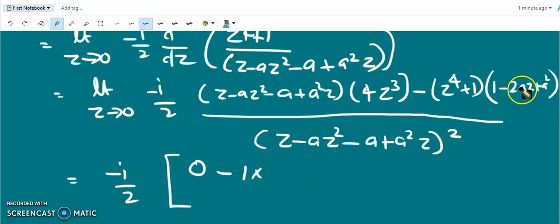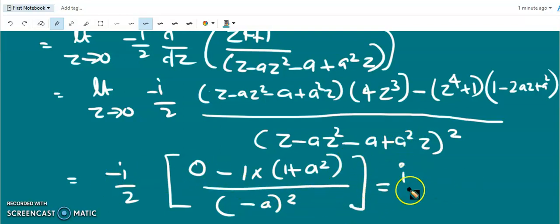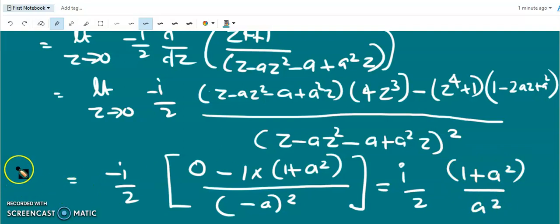So this term becomes 0, giving 1 plus a square, divided by, since z will be 0, these terms will be 0, minus a whole square. So that is equal to, minus becoming plus, i by 2 into (1 plus a square) by a square. So this is the residue of f of z at z equal to 0, which is a double pole.